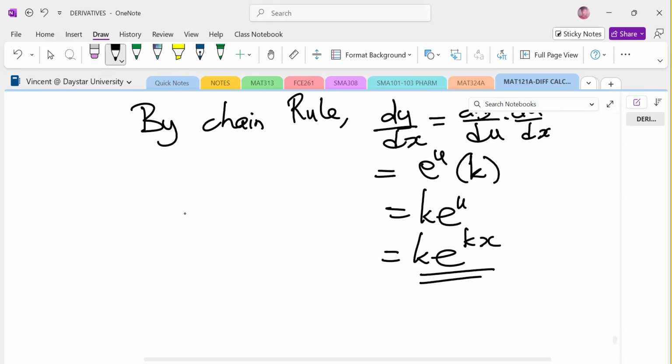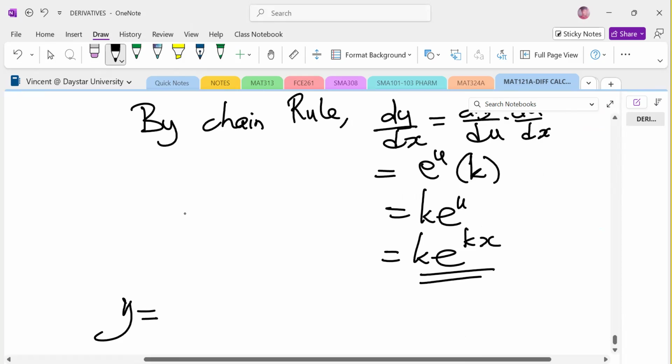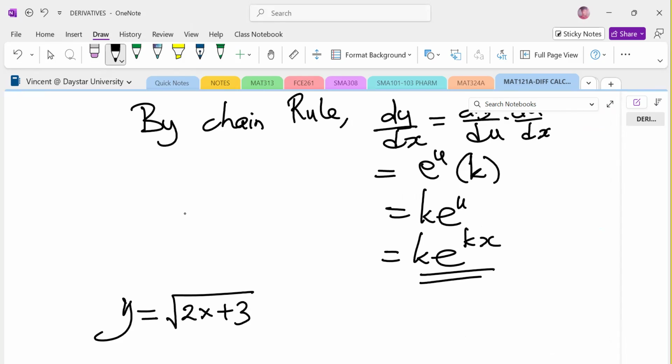Now, if you get this one, then we can stop. Square root of 2x plus 3. y equals root of 2x plus 3.